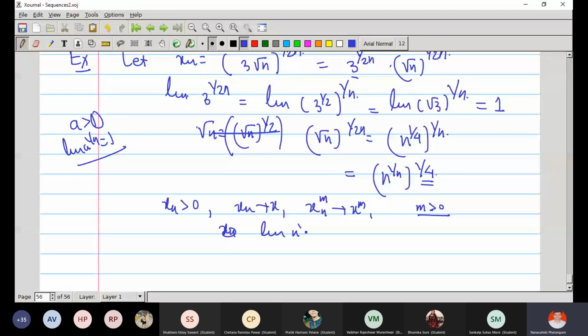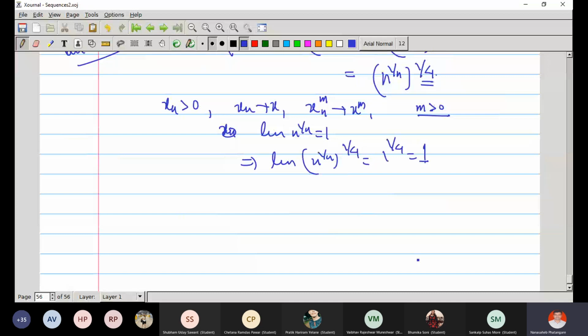And therefore the limit of n raised to 1 by n, whole raised to 1 by 4, is 1 raised to 1 by 4, which is again 1, correct. In that way you can look at it, but other techniques could be there.